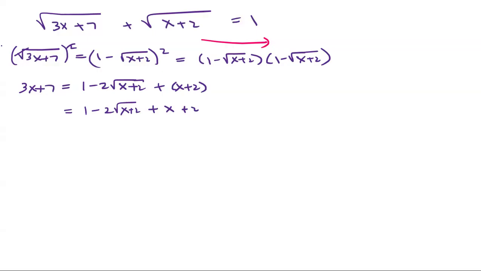So I got a 1 and a 2, so this becomes -2 square root of x plus 2 plus x plus 3, right? I'm combining these guys. So 1 plus 2 will give me 3. Okay. All right. Then I'm down here on the left side, I still got the 3x plus 7. All right. And now I'm going to subtract x and 3 on both sides.